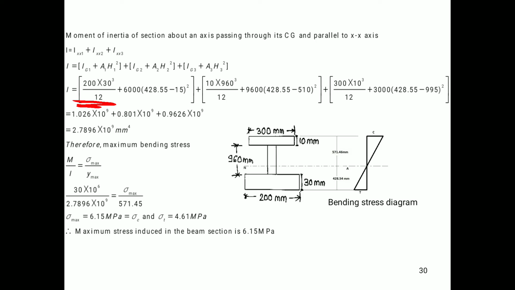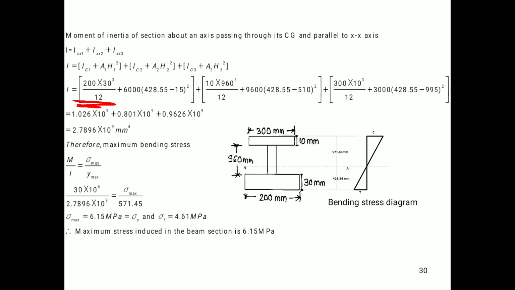Remember that h1 is the distance between the axis on which we have concentrated and the axis through the CG.